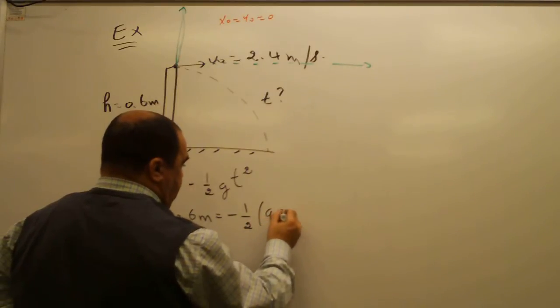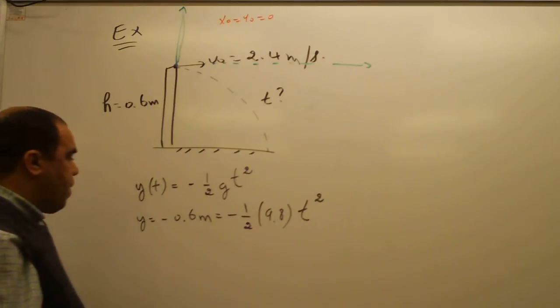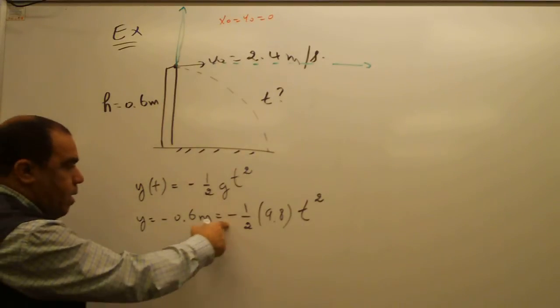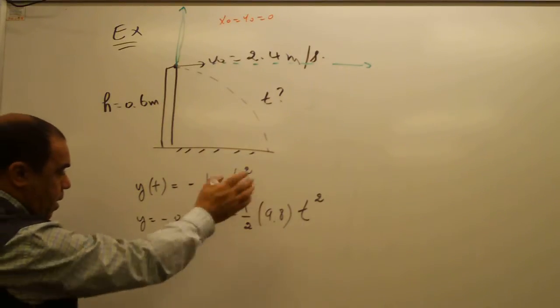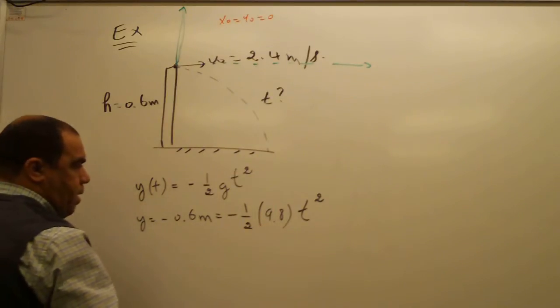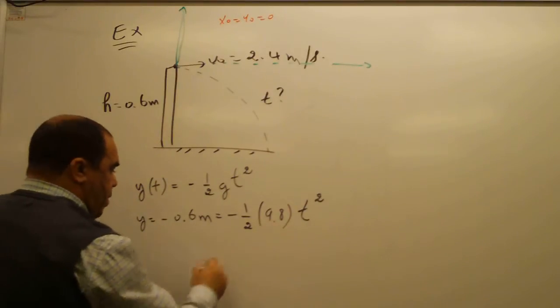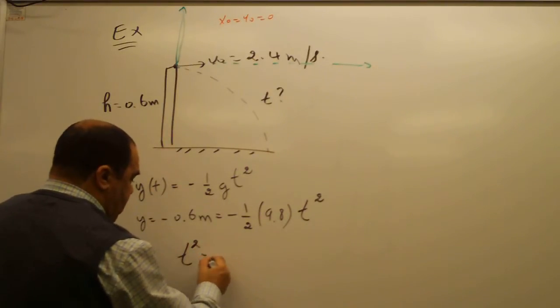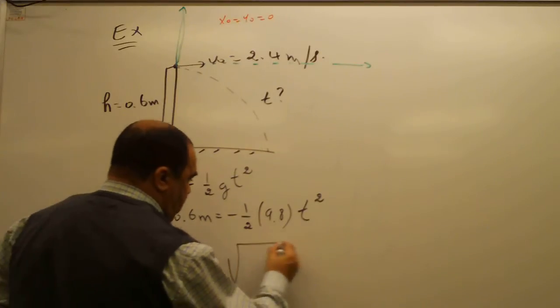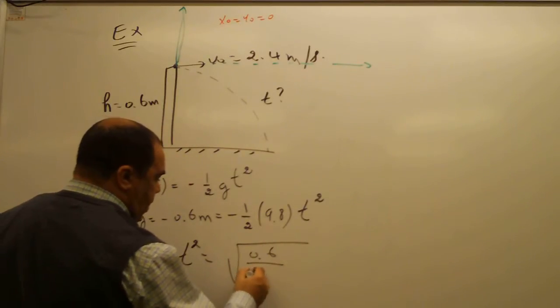That's at the ground. At that time, it is minus half g, where g is 9.8 meters per second squared, times t squared. Now notice minus minus, I can multiply by negative 1 and get rid of the negative. Multiply by 2 and divide by 9.8, just divide and have 4.9, and solve for t squared. So t is just the square root of 0.6 divided by 4.9.